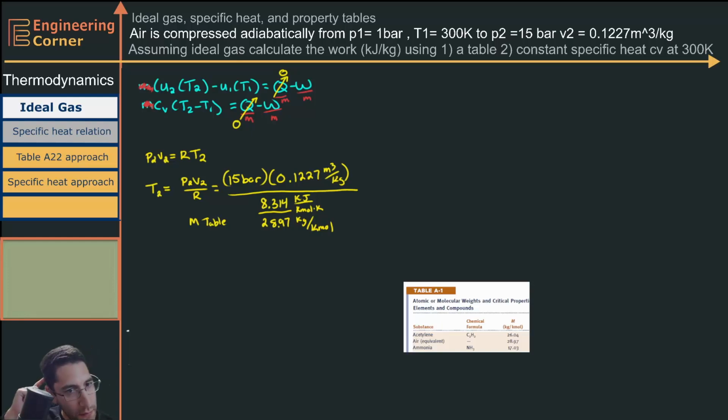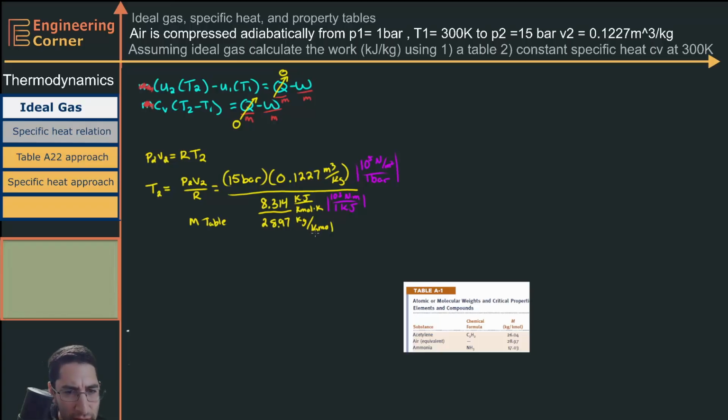All right, now let's do a quick unit test. We're going to have to do some things with the bar. So 1 bar is going to be 10 to the 5th Newtons per meter squared. And 1 kilojoule is going to be 10 to the 3rd Newton meters.